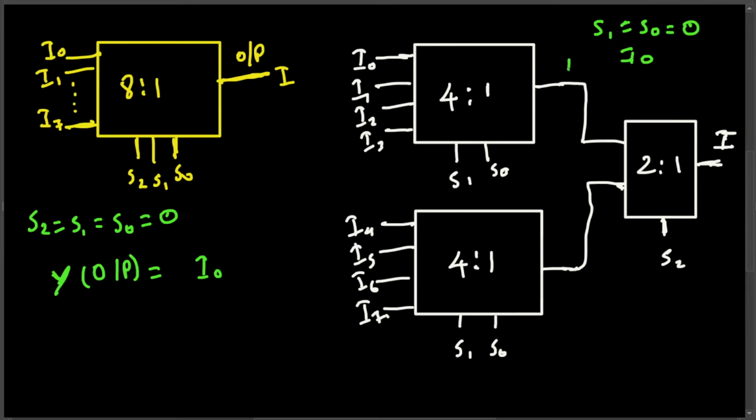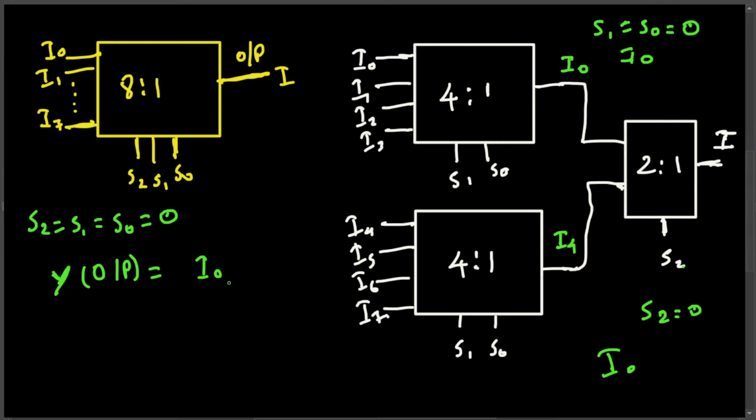So here we are going to have the output of I0, but here we have S1 and S0. If both of them are 0, it's going to select I4. So we have I0 here, I4 from this, but here when S2 is equal to 0, it's going to select the first one, that is I0, and the output is going to be I0.